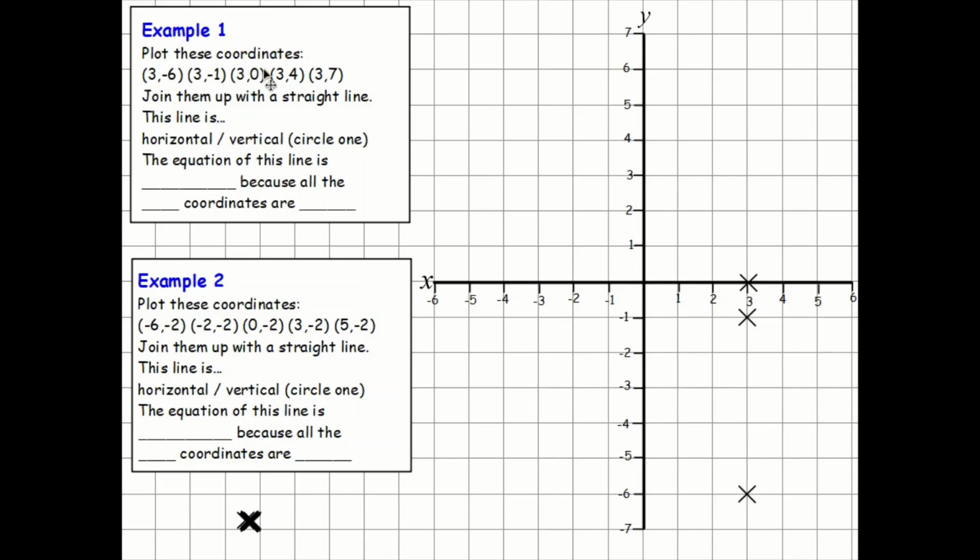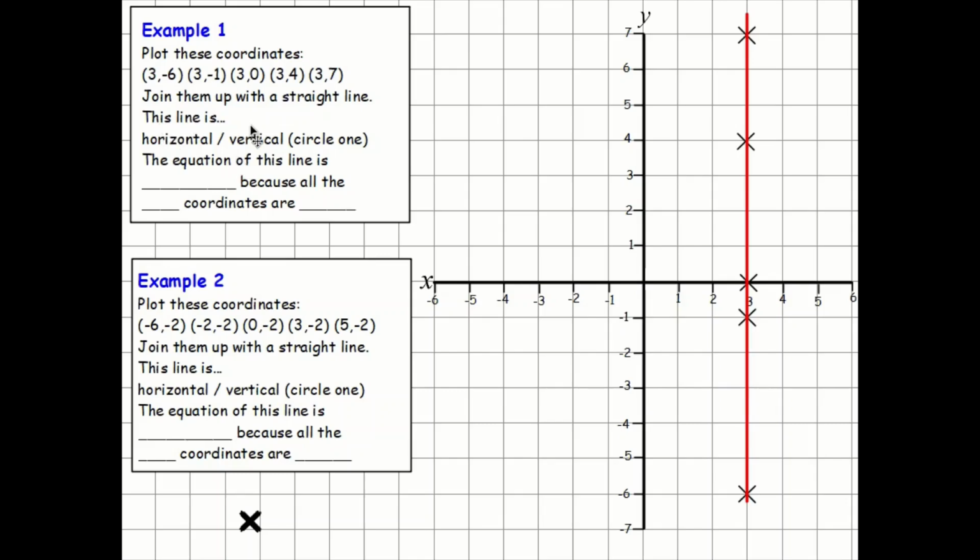That's that one. 3, 4: along the corridor to 3, up to 4. And 3, 7: along the corridor to 3, up to 7. Okay, and then it says join them up with a straight line. Let's join them up. And there we are.